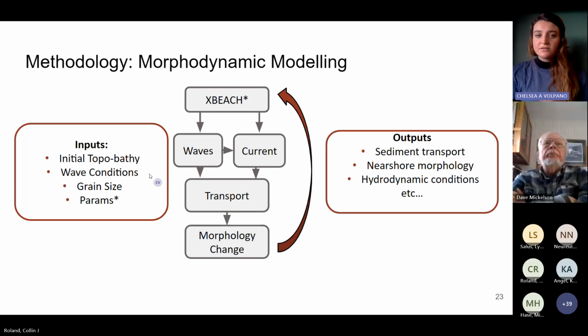We can adjust the grain size and all these different parameters. That feeds into the model, which formulates the waves and currents, calculates sediment transport, and then updates the morphology for the next time step. From this, we can get sediment transport, changes in nearshore morphology, and how the hydrodynamic conditions change spatially.